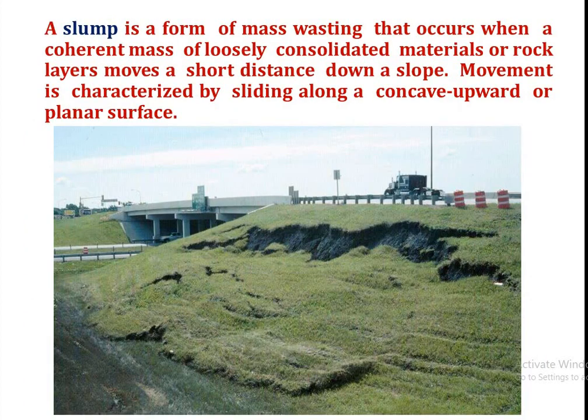A slump is a form of mass wasting that occurs when a coherent mass of loosely consolidated material or rock layers moves a short distance down a slope. Movement is characterized by sliding along a concave, upward or planar surface.